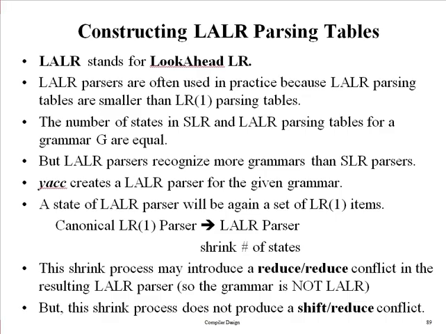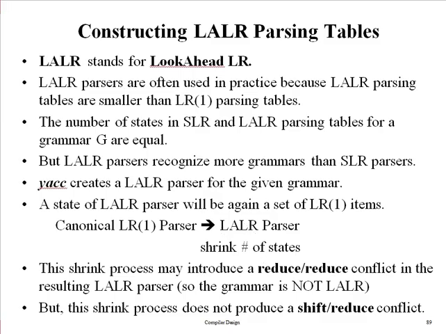But what is different here in this context is that LALR parsing tables can be constructed by minimizing the number of states in CLR, that is by applying the shrink process. So we merge states having the same core, or having the same production rules but differing in parameter.